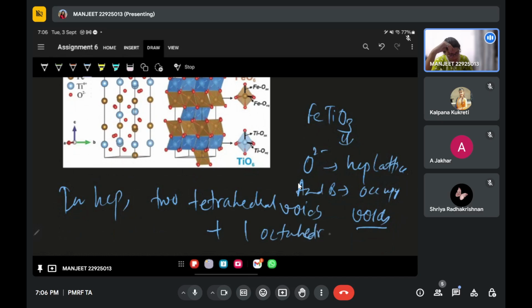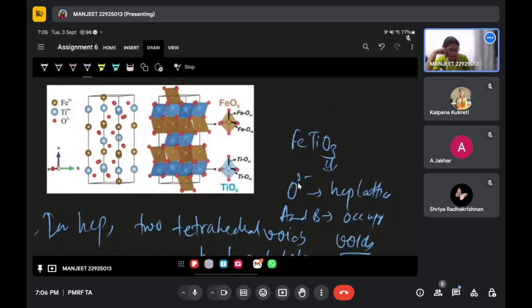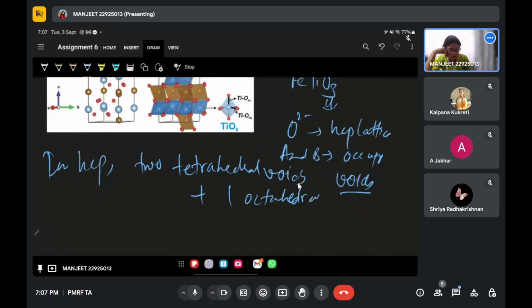So our cations, Fe and Ti, or we can say A and B, will occupy either the tetrahedral voids or the octahedral voids. In HCP we have two tetrahedral and one octahedral, so they have to occupy one of them. We have only three kinds of voids here: two tetrahedral and one octahedral.